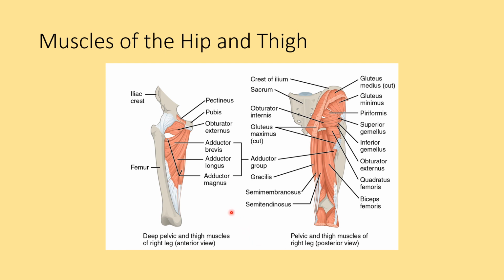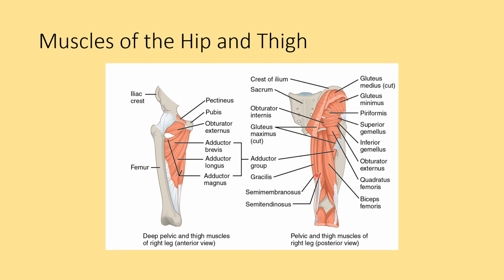Now, if we start to look at the deeper muscles, you can see the adductor magnus, adductor longus, adductor brevis. So obviously these three are all adductors. Here's the gracilis on the outermost side. Now from the posterior view, you've got the semimembranosus and semitendinosus.